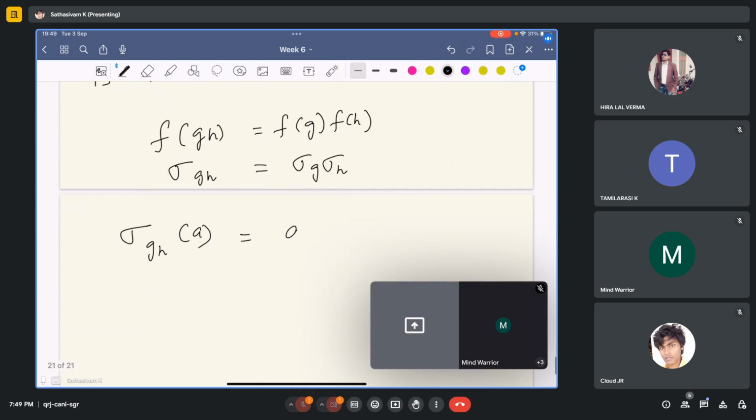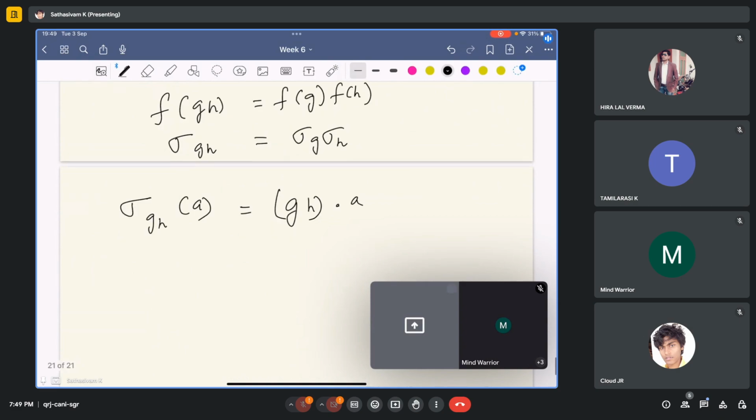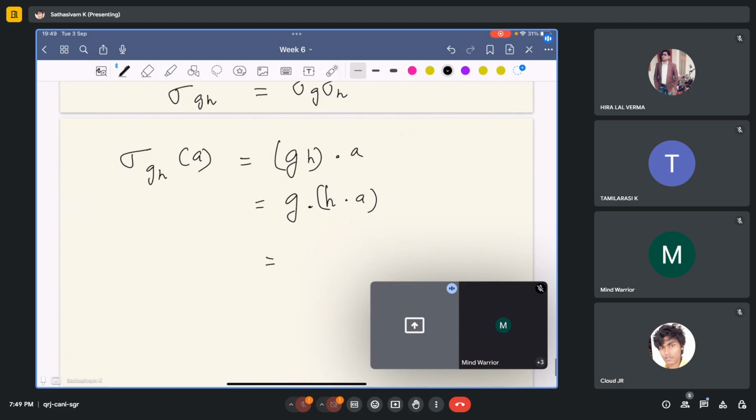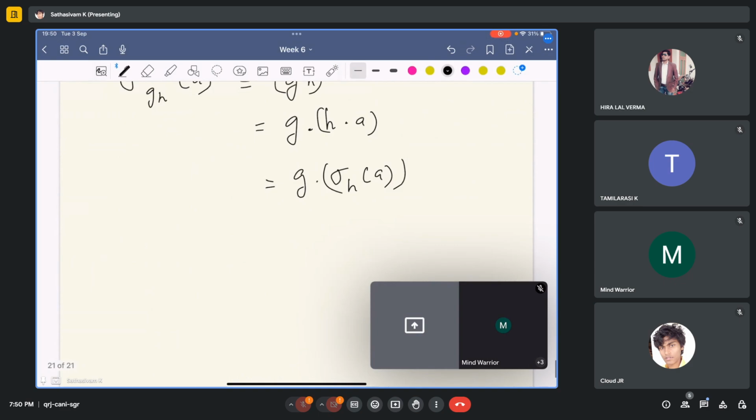So this is gh dot a. But this is nothing but g dot h dot a. What is h dot a? h dot a is sigma h of a. Then g dot this is nothing but sigma g of sigma h of a.